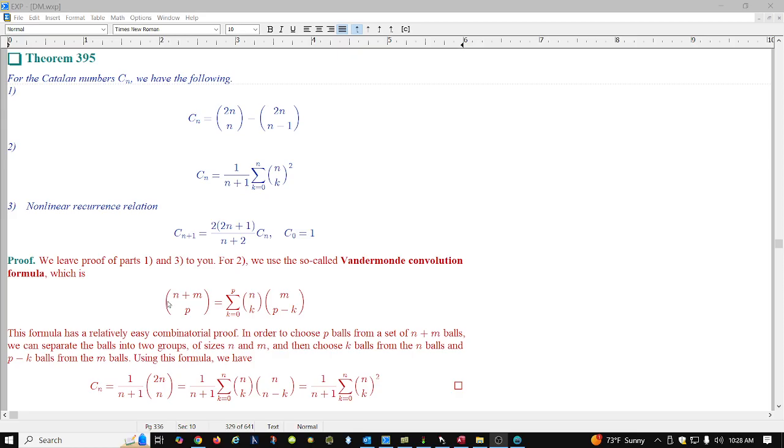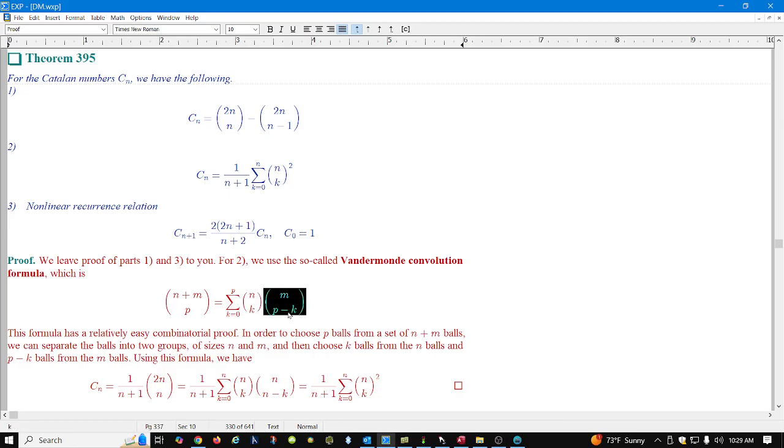So in order to choose p balls from a set of n plus m balls, we can separate the balls into two groups, one of size n, the other of size m, choose k balls from the group of size n, and choose the rest from the group of size m.